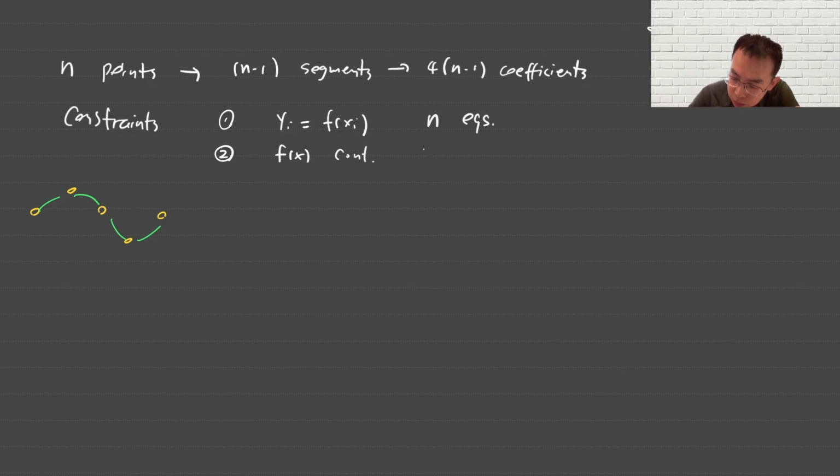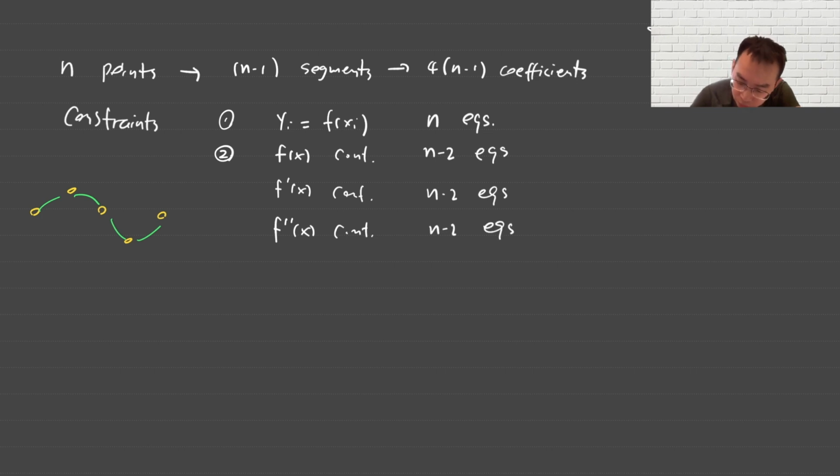So that gives us n minus 2 equations. And then f prime continuous, that's also n minus 2. f prime prime of x is continuous, that also means n minus 2 equations. And the third is the boundary conditions. These are 2 equations.